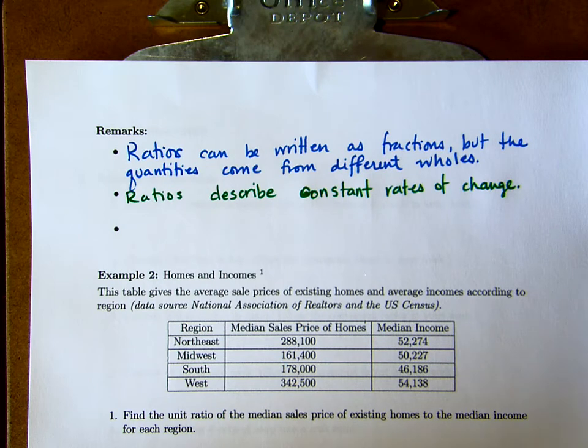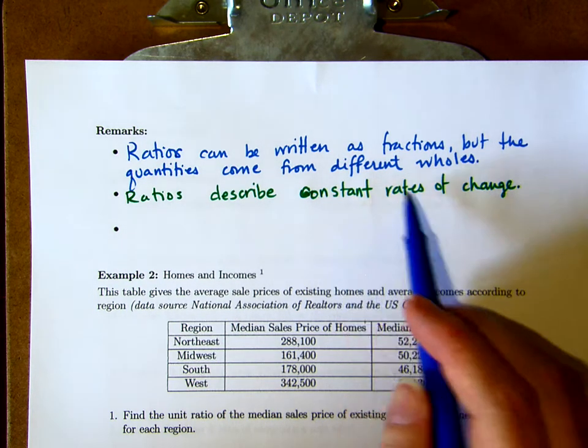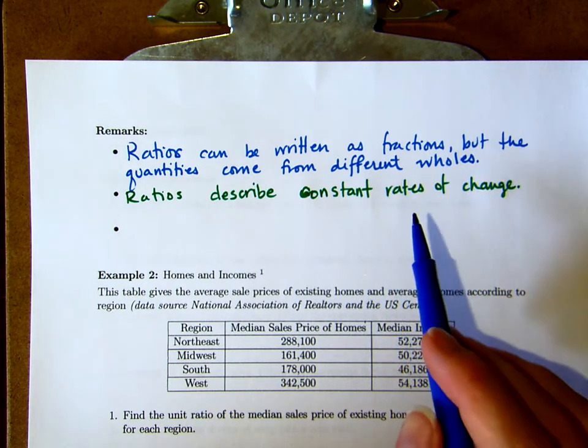Also, there are definitely instances, like what I was just talking about with the runner, where ratios should not be used because you cannot depend on the fact that it'll be a constant rate of change.